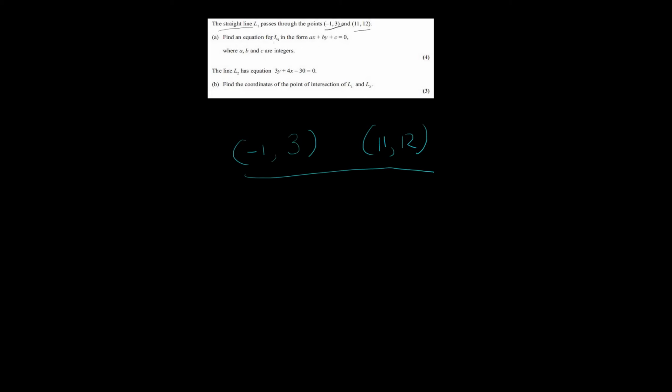And now we have to find an equation for the line that passes through these 2 points in the form ax plus by equals c. Now, if you remember from the last video, this form here, ax plus by plus c equals 0, is close to the general form, because the general form is written as ax plus by equals d.